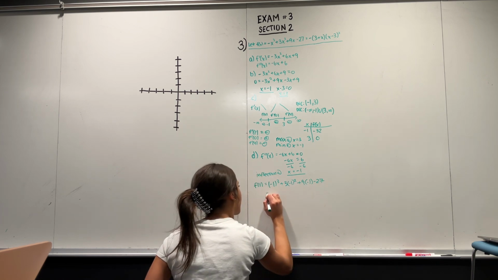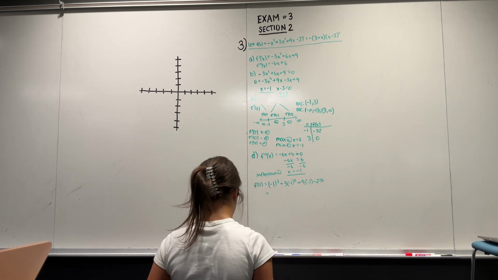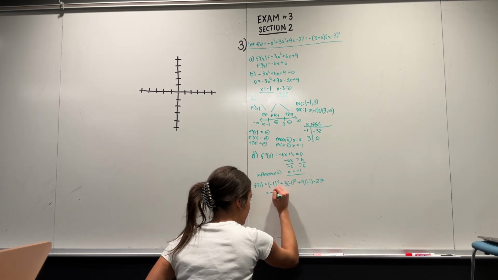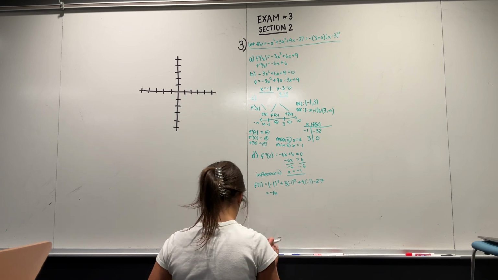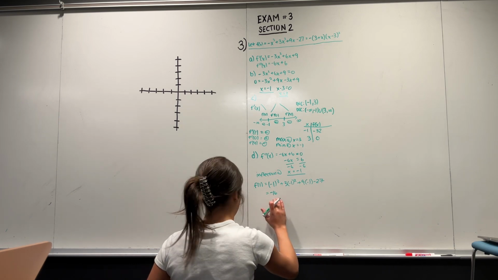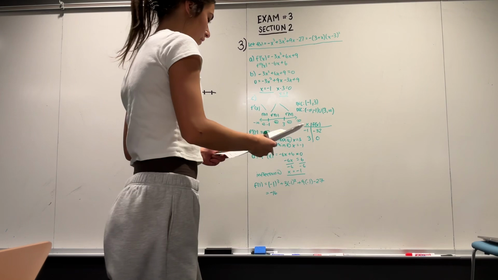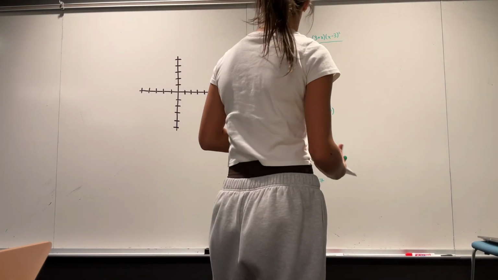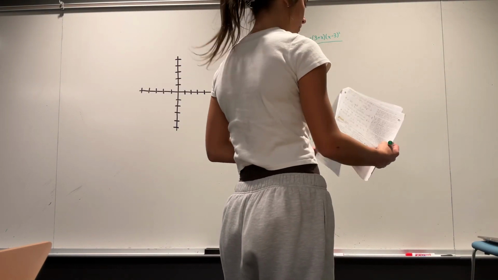And when you get your answer for this, it's going to be negative 16. So the y value for the inflection point is going to be negative 16. And then we'll move on to E.